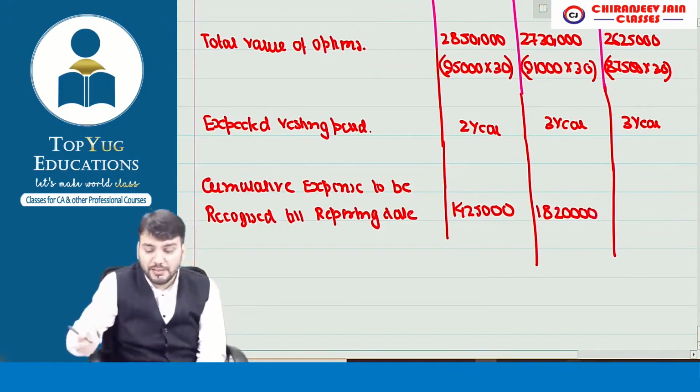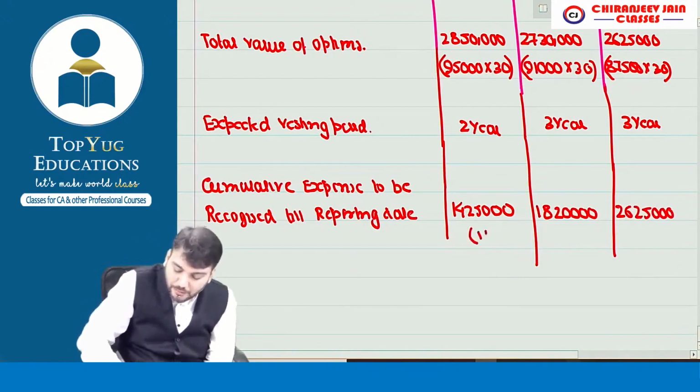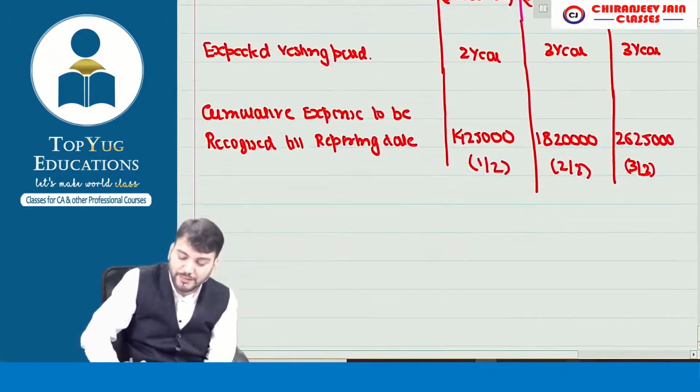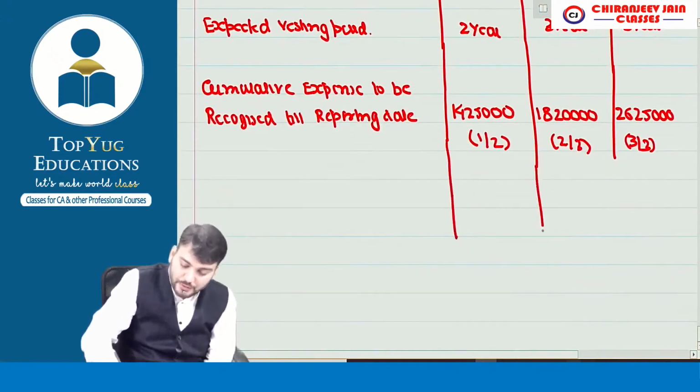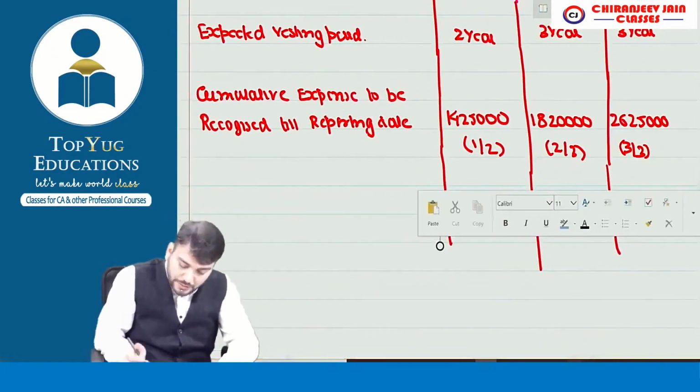And for third year it will be 3 by 3, so it will be 26 lakh 25,000. Correct? So here we did 1 by 2, here 2 by 3, here 3 by 3. Have you understood this point? Yes, sir. Then we'll find out.